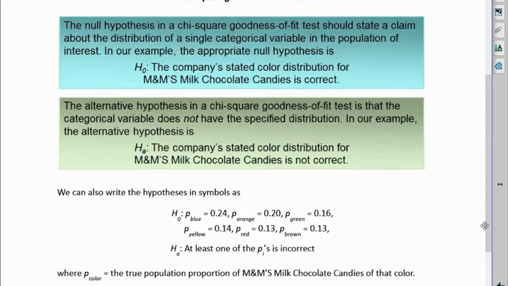We could write that in words, or we can write it symbolically, and you can see that I have all the different proportions listed because we're testing all at the same time.